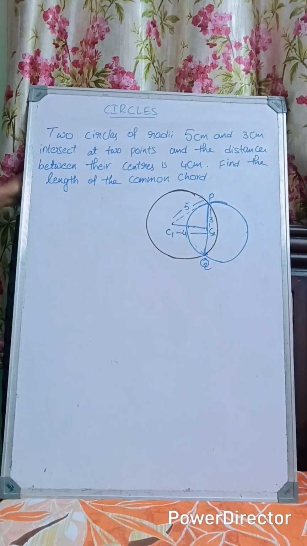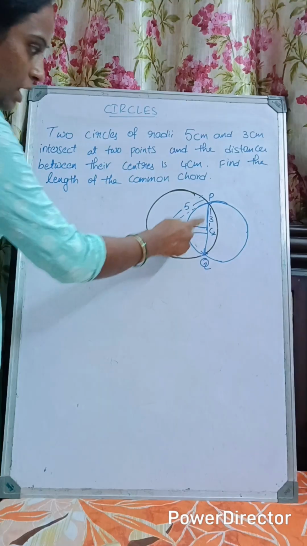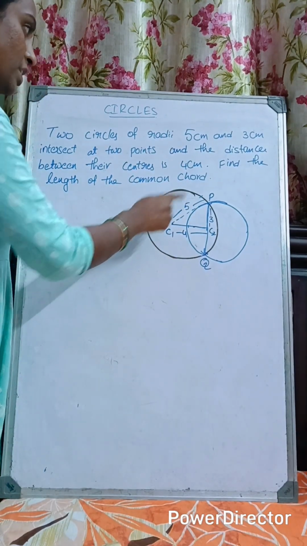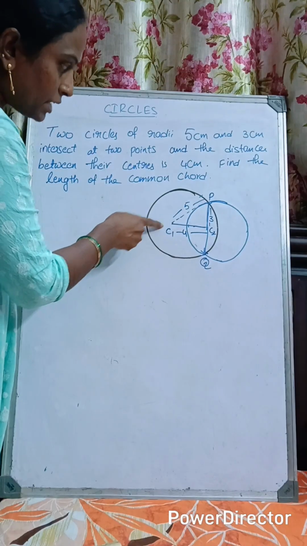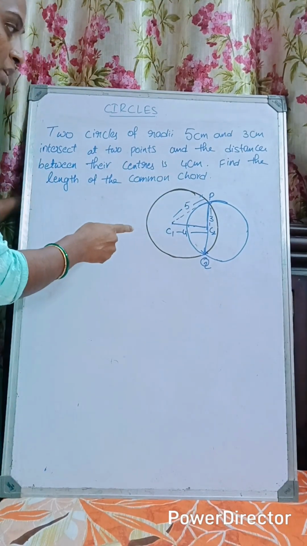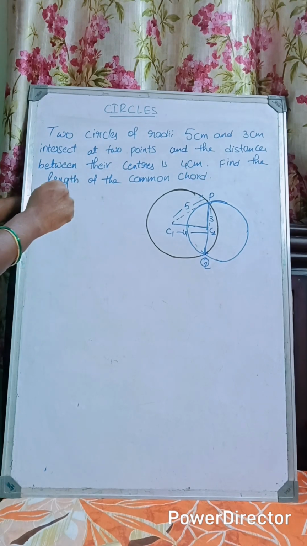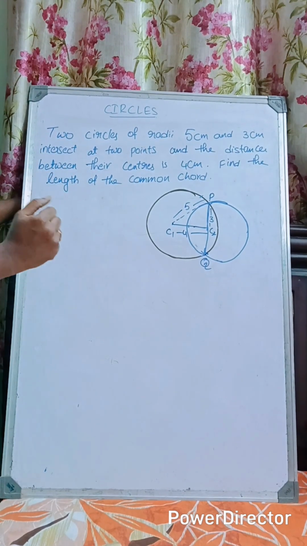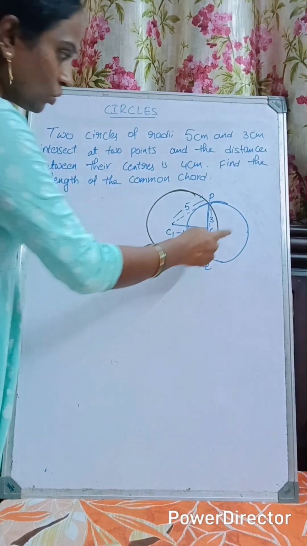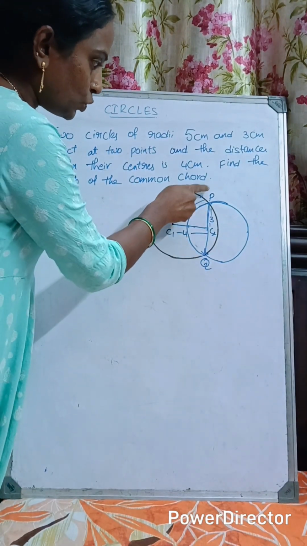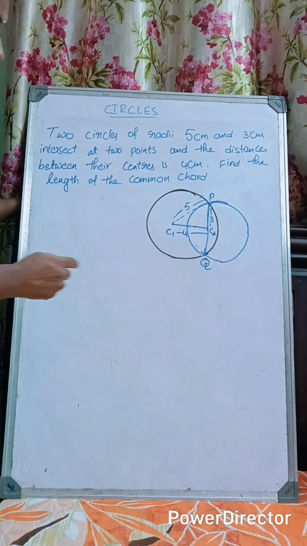Yes, two circles. What are the two circles I have taken? This is the one circle with the radius of 5 centimeters. So can I say C1P is the radius? Yes, C1P is 5 centimeters, the radius of the bigger circle. One more circle has a radius of 3 centimeters, so C2P is its radius.